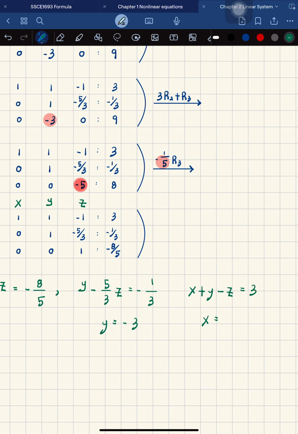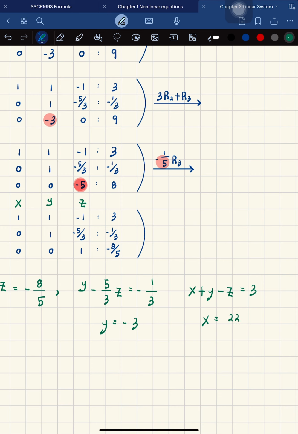So X equals 3 minus Y, which is negative 3, and then plus Z, which is negative 8 over 5.